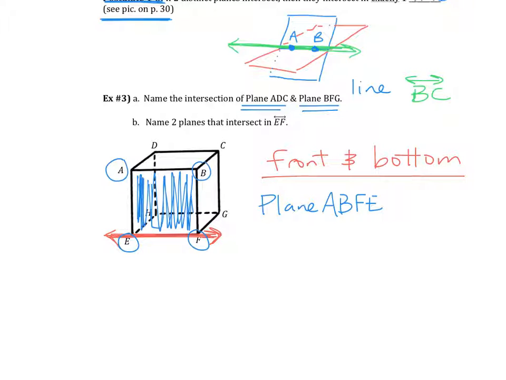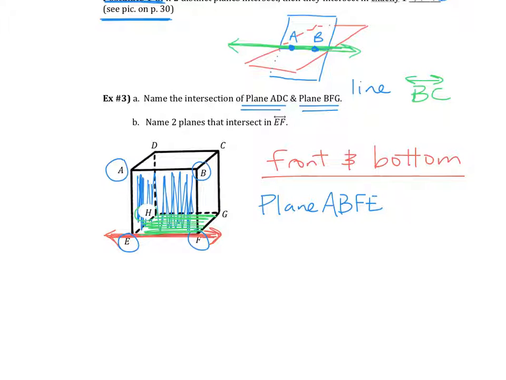How would you name the bottom plane? EFGH. Yep, so HEFG, EFGH. And one thing about naming planes is you go in order.